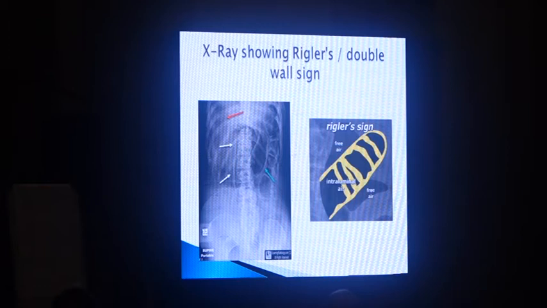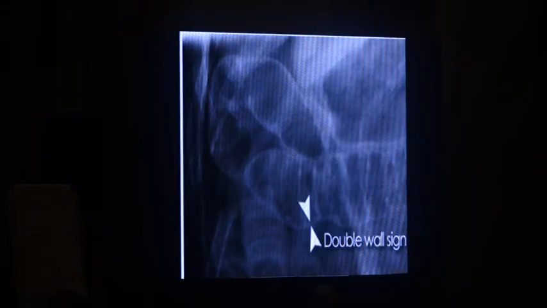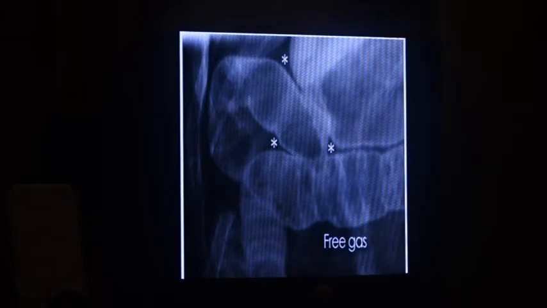But when the free air is too much, we can see both sides of the bowel wall, this is one side of the bowel, this is another side, because of the free air present extraluminally on both sides. This sign is called Rigler's sign. On the right side, we can see Rigler's sign. Rigler's sign is also called the double wall sign. Another photograph showing Rigler's sign.